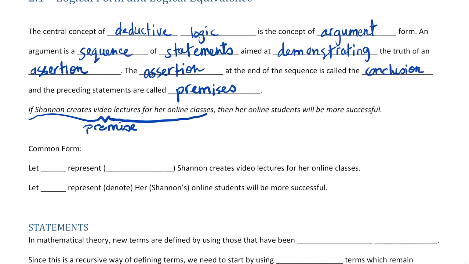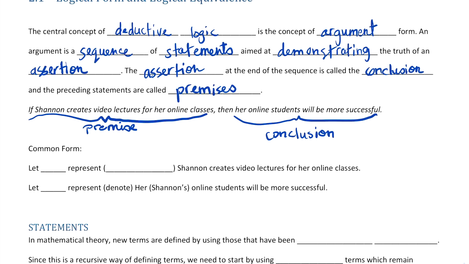Her online students will be more successful, that is the conclusion. I'm not speaking to the truth or validity or anything like that. This is just a very simple, what's a premise, what's a conclusion, okay?